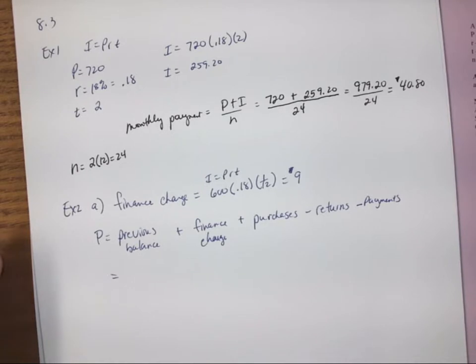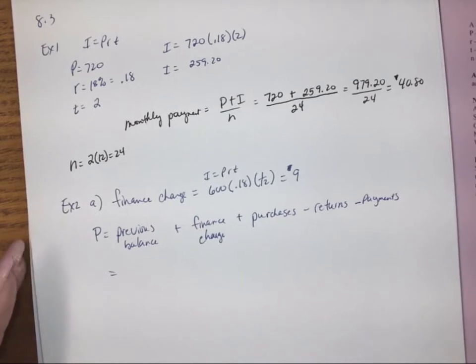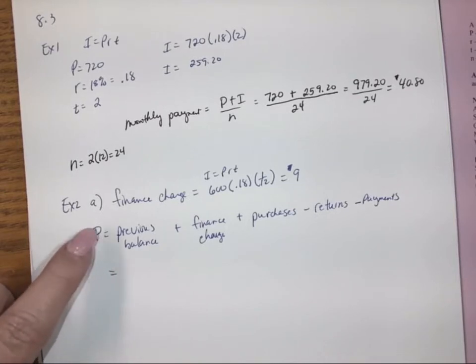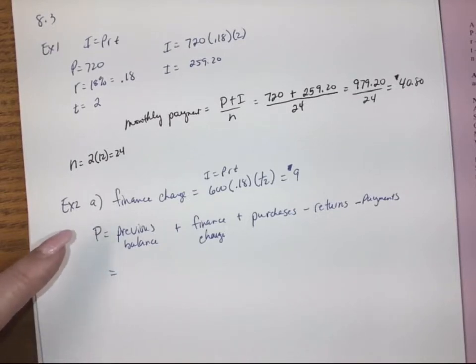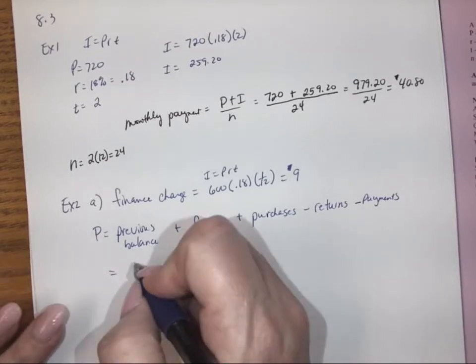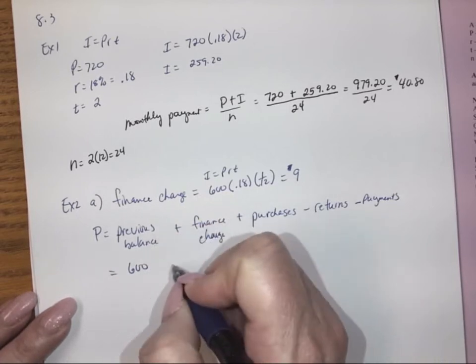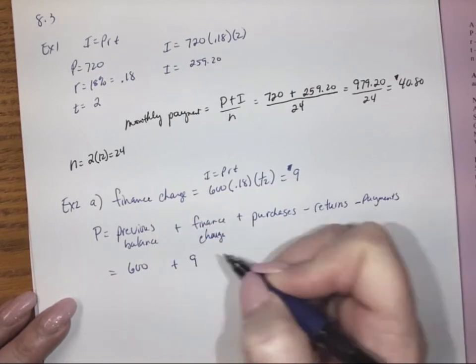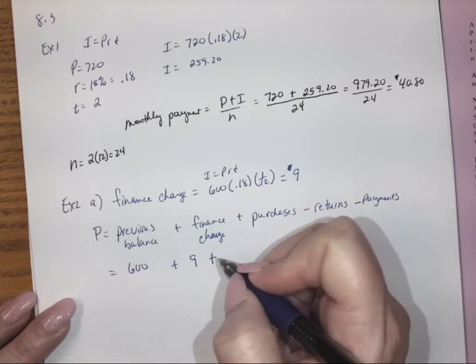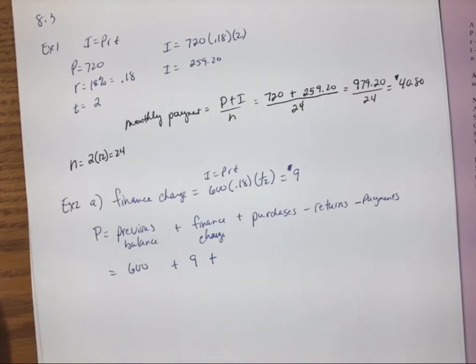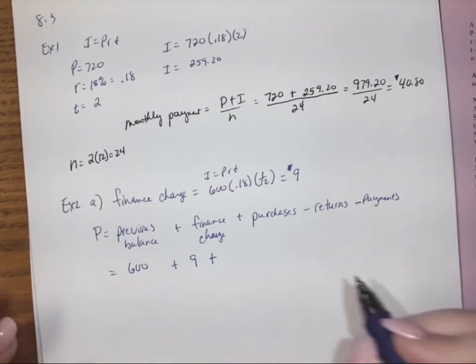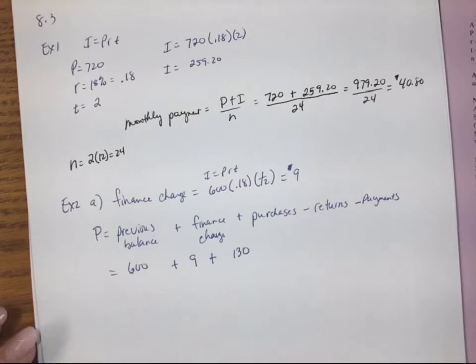So we are trying to figure out, using the unpaid balance, what is your credit card bill this month? That's going to be the amount that we still owe, our principal, the amount on the loan. The previous balance was $600. The finance charge was $9. We made some purchases of ski boots for $130.